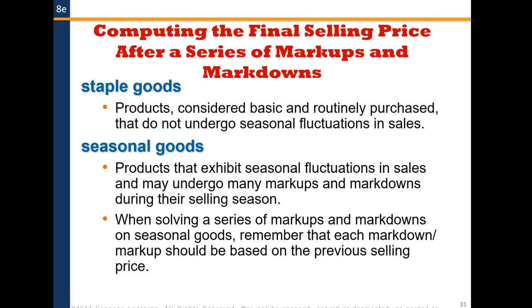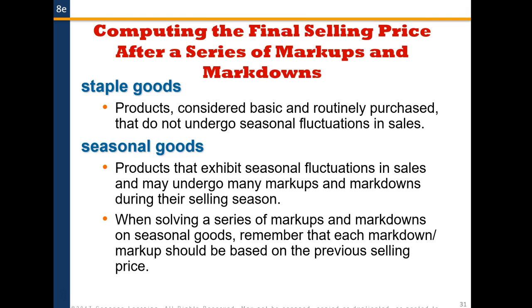The next thing is computing the final selling price after a series of markups and markdowns. Let's go over a few definitions first. We've got our staple goods, which are products that are routinely purchased, and they do not undergo seasonal fluctuations in sale. It would be like toilet paper, napkins, dish soap.